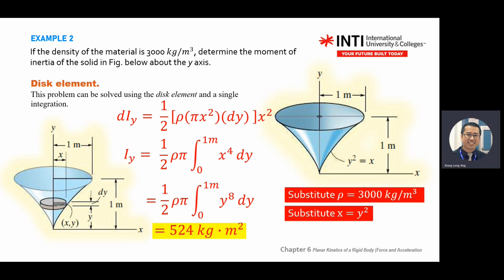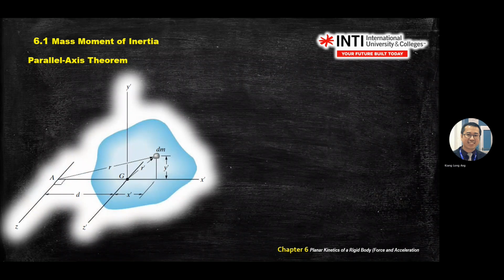Okay, so it depends on what axis you are referring to. Normally this is your z, but it can be y, it can be z, it can be x also. It depends on where you're looking from. Okay, so go a little bit more.